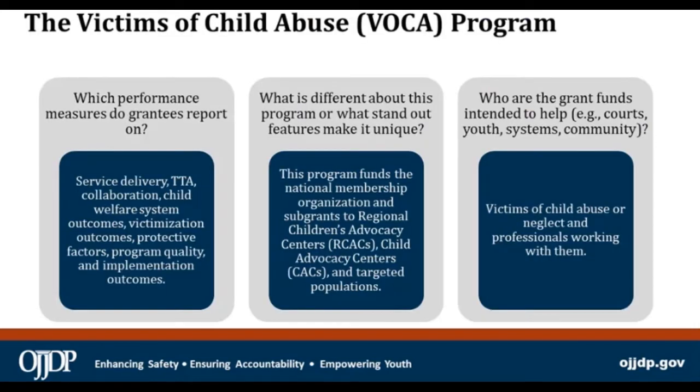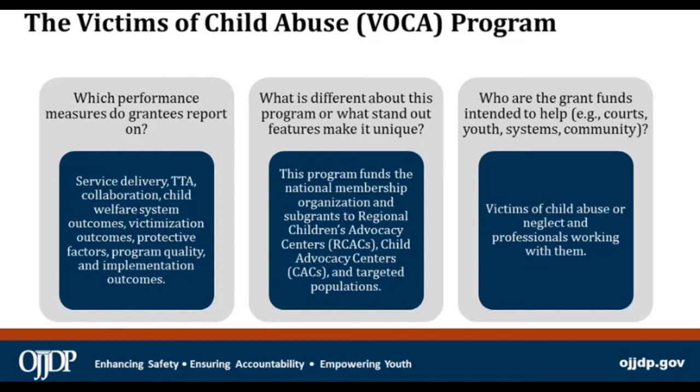Which performance measures do grantees report on? Service delivery, training and technical assistance, program outputs, collaboration, child welfare system outcomes, victimization outcomes, protective factors, program quality, and implementation outcome measures.